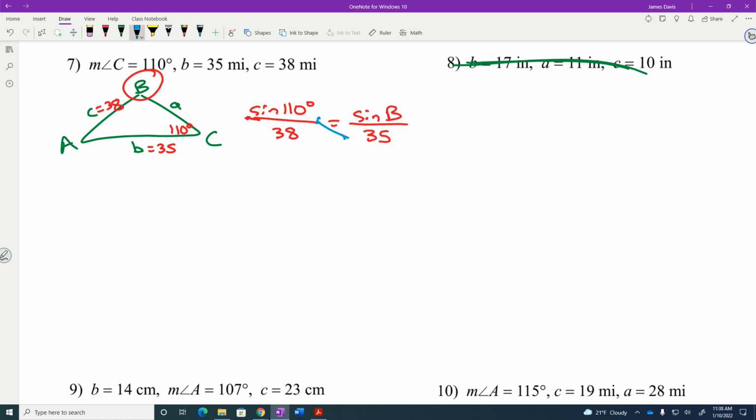Cross multiply. 35. 10. And we're going to be dividing and then doing the inverse. So it would be inverse sine this.